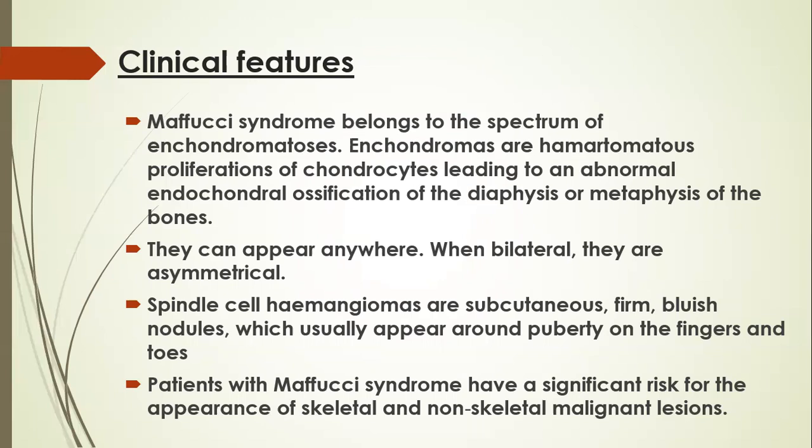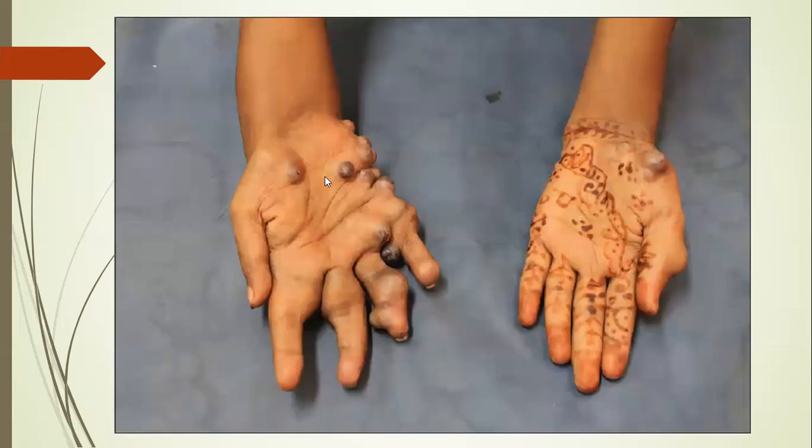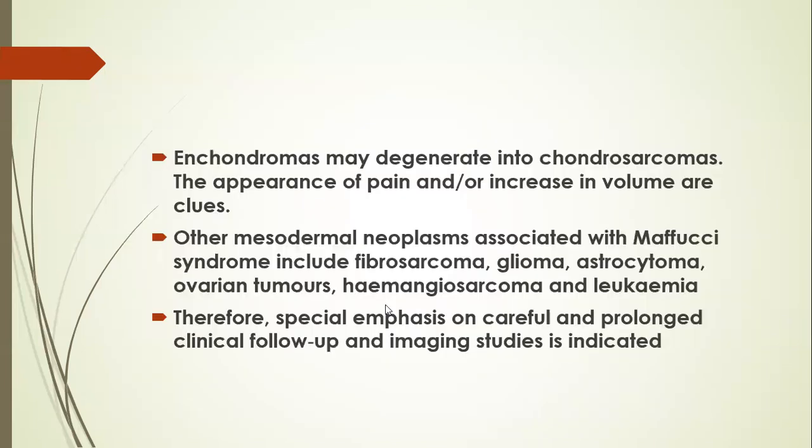Patients with Maffucci syndrome have a significant risk for appearance of skeletal and non-skeletal malignant lesions. You can see these vascular malformations and multiple enchondromas. These enchondromas may degenerate into chondrosarcomas. The appearance of pain and increase in volume are the clues.